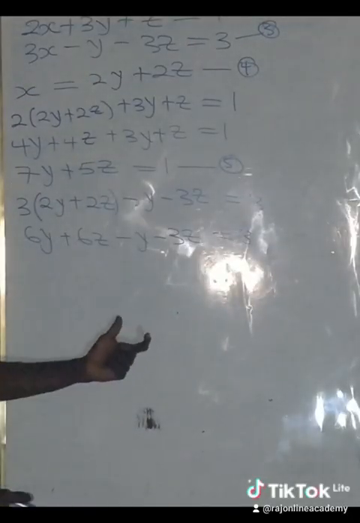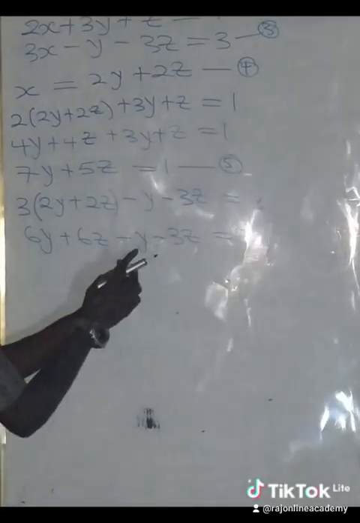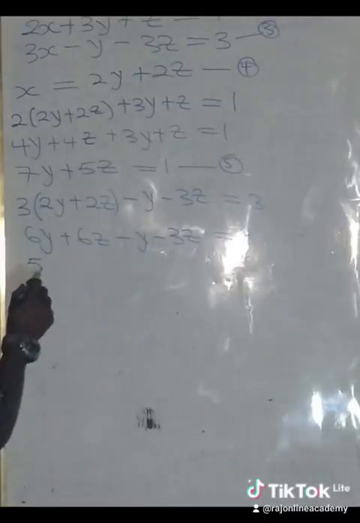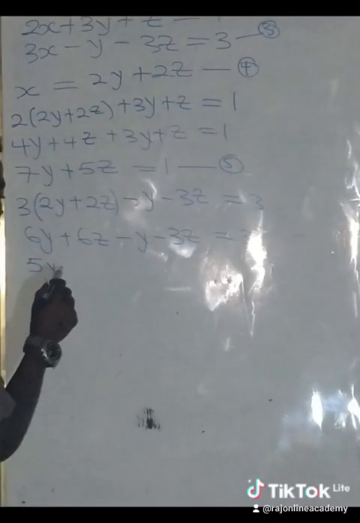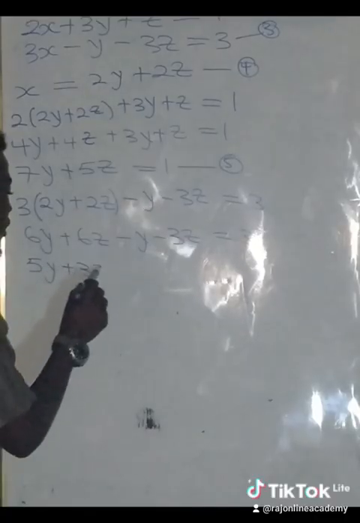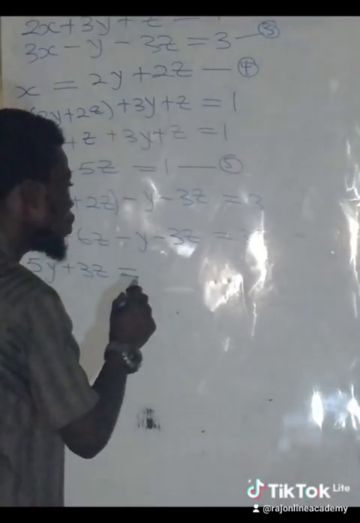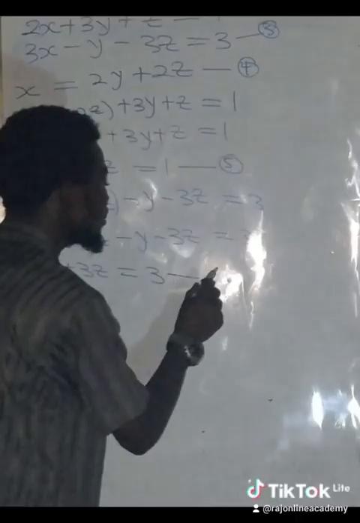Now let us collect like terms again. 6y minus y is 5y. Next you have 6z minus 3z, and what is that? It's 3z. This must be equal to 3.